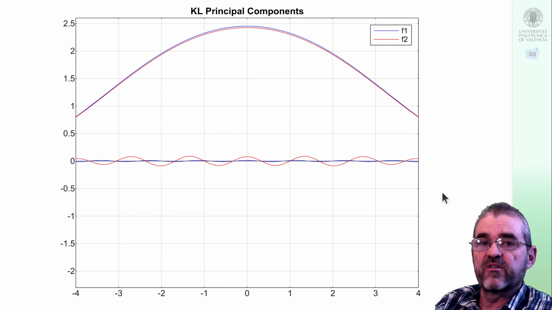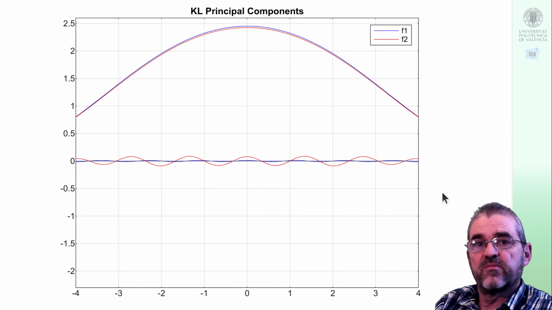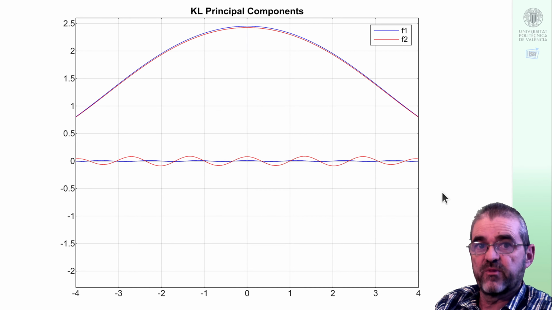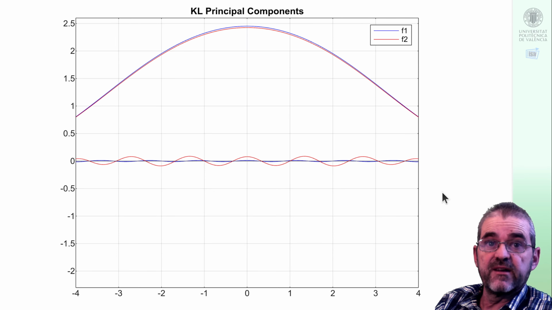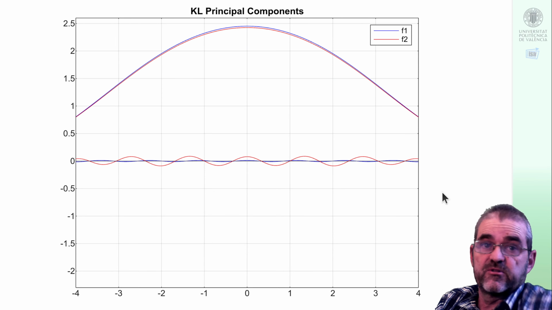So we have components. Some of the components are associated to both functions equal, some others to both of the functions in opposite phase, some others to only the blue one, some others to only the red one, f2, and so on.